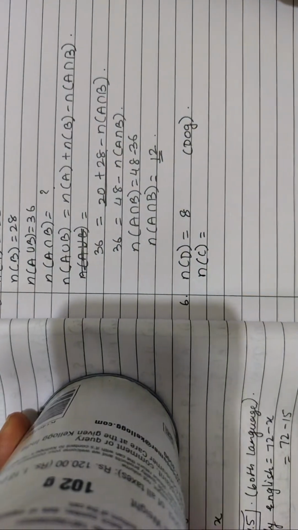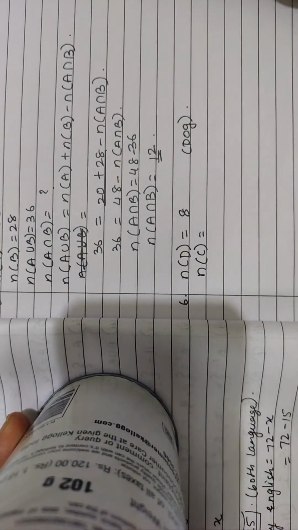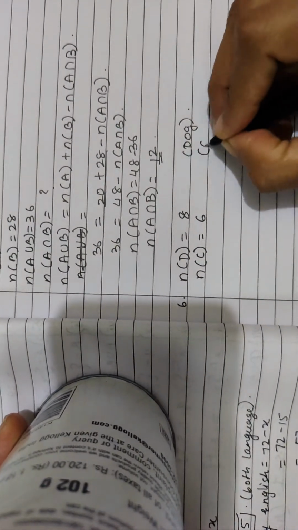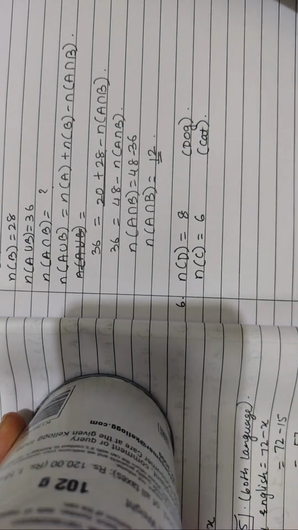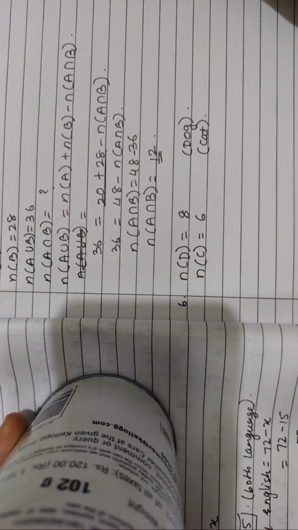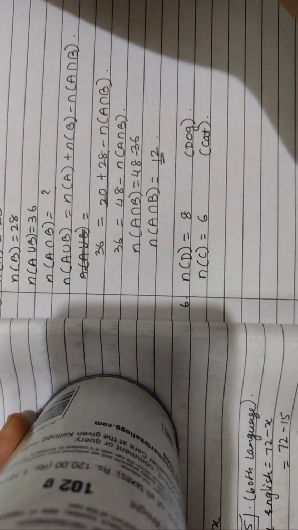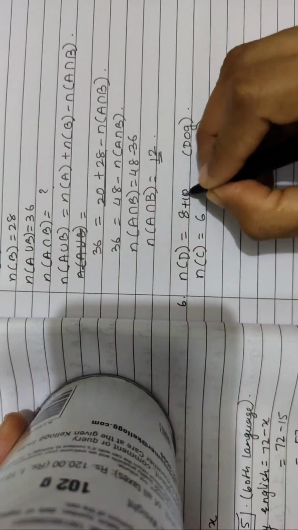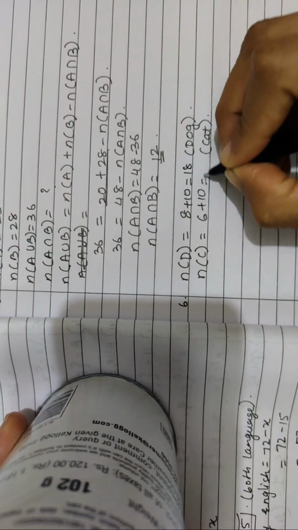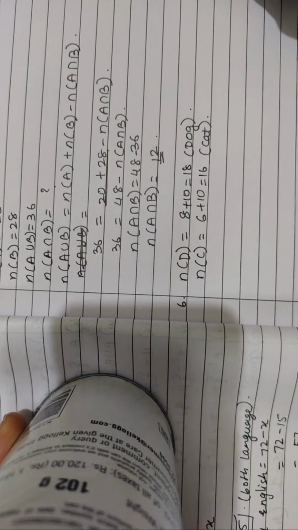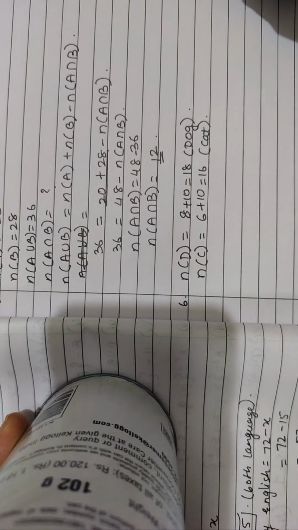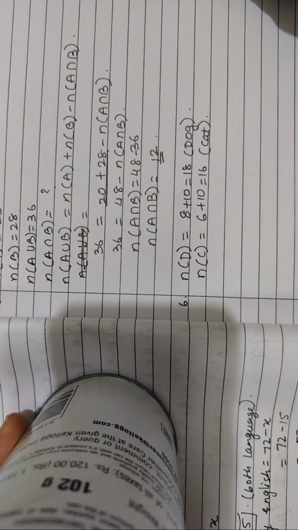And 6 students have cat as their pet animals. So 6 I am representing as capital C for cat. Okay. Now 10 students have both dog and cat. So we have to add 10 to both. So what is the total? 18 and 16. Okay. Then how many students do not have a dog or a cat as a pet?